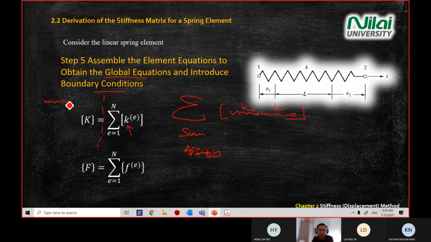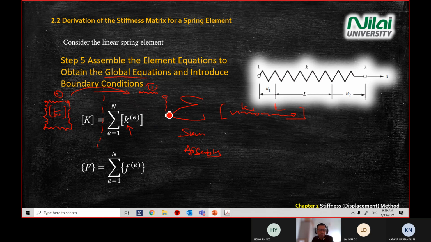So I break it into 2 dimensions. Let's say you have a big system with 4 springs. Then the one on the left will be the global stiffness matrix. And the one on the right hand side, the mathematical model here, means you break your global into small pieces of element. Element 1, which is here.